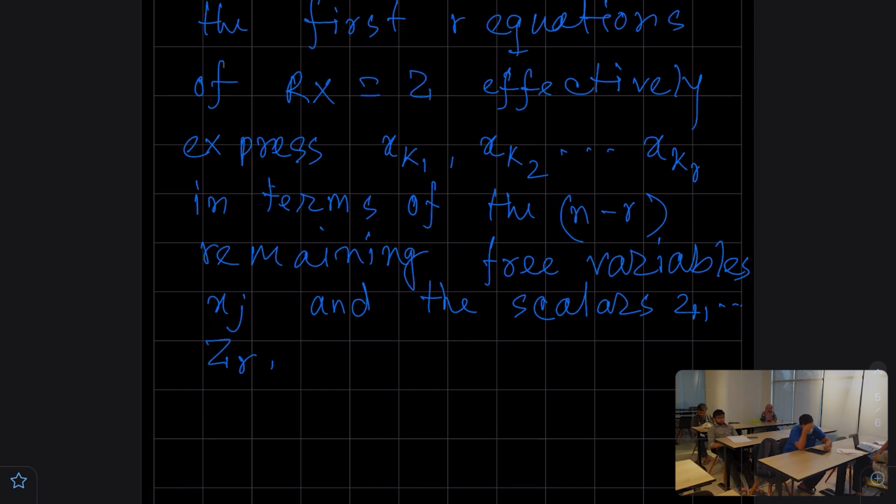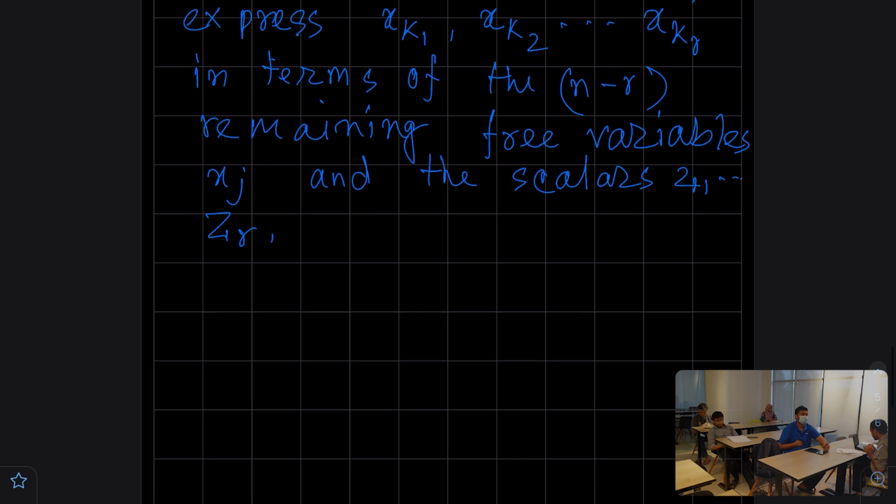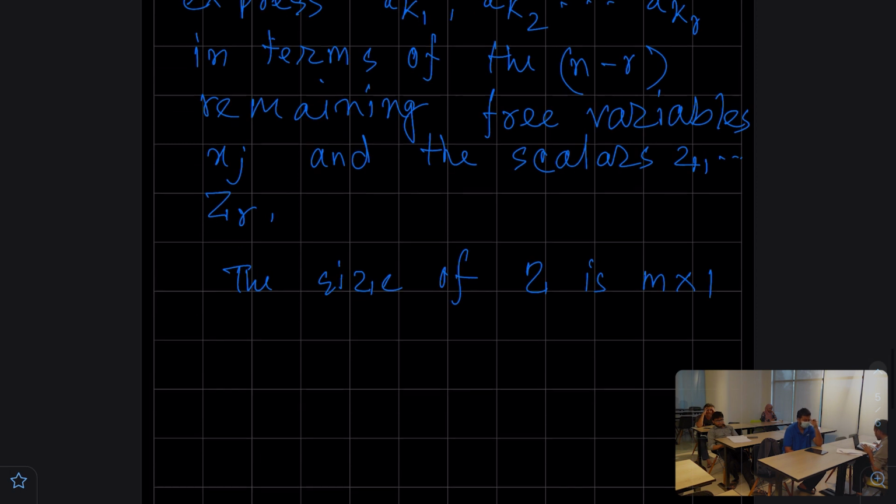So there are z1, z2, and how many z are there? There are m z. That means the size of z is m cross 1, right?